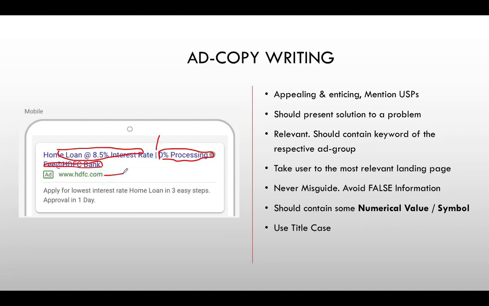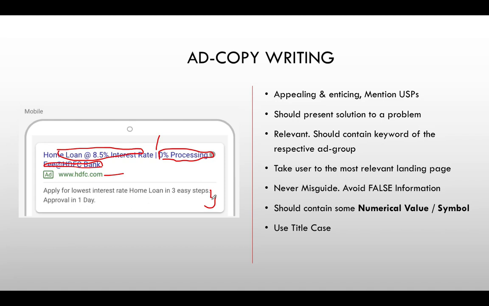This thing is called the display URL, and this portion is called the description. So make sure you follow these points to create compelling ads, just follow the tricks that I tell you, and you will get maximum conversions out of your ads, maximum clicks and maximum conversions.